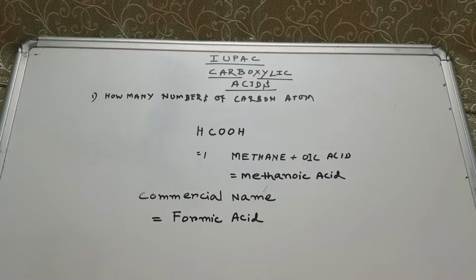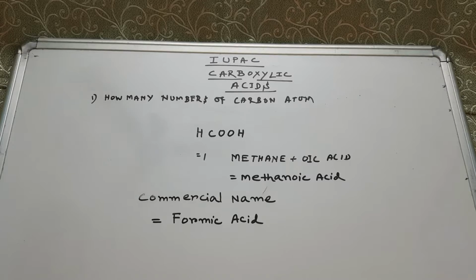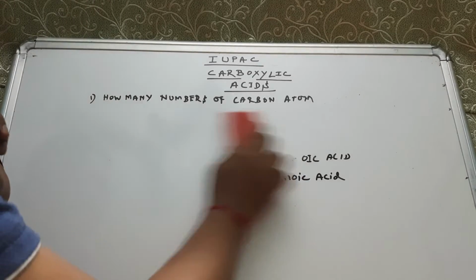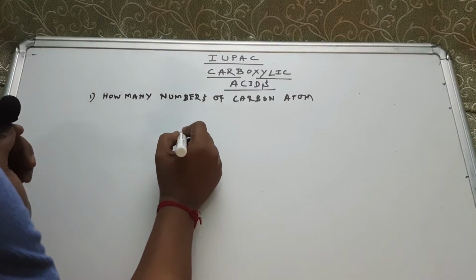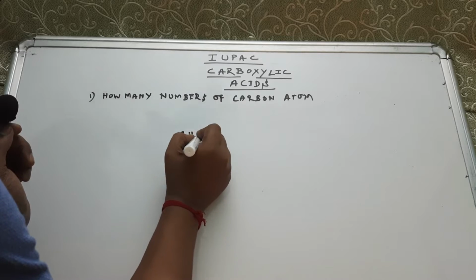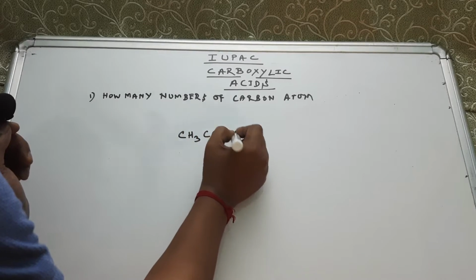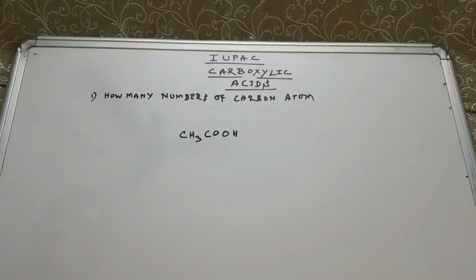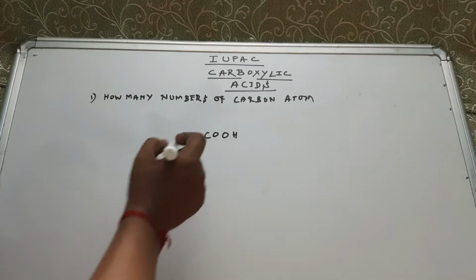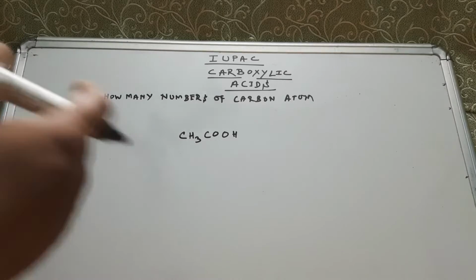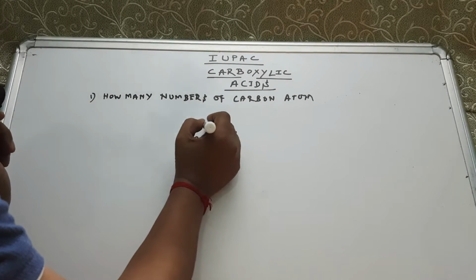Okay, so we will move to some typical examples. In the very next, this is CH3COOH, and all of you know this is called acetic acid, or vinegar. But what is the IUPAC nomenclature? The total number of carbon atoms: this is 1, this is 2.